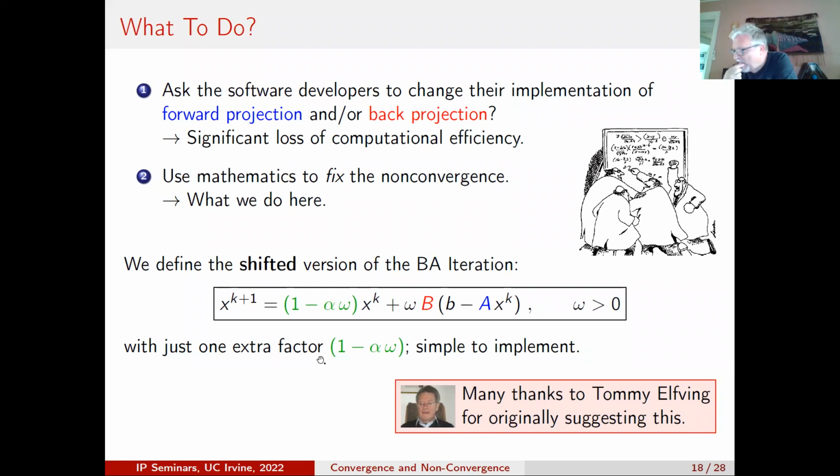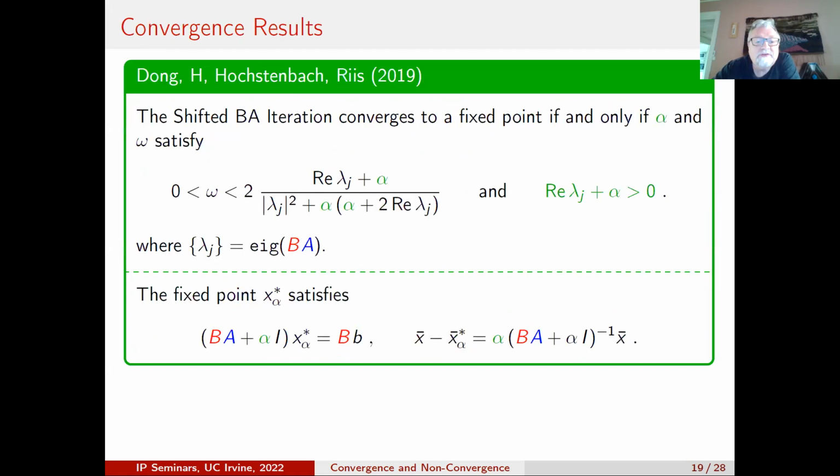But what is it that we achieve by introducing, basically, a new parameter alpha? Well, it turns out that this alpha shifts the eigenvalues of the iteration matrix from eigenvalues of BA to eigenvalues of BA plus alpha. So you see, again, here are the convergence conditions.